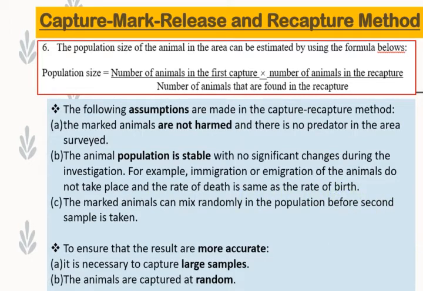C, the marked animals can mix randomly in the population before the second sample is taken. To ensure that the results are more accurate, it is usually necessary to capture large samples and the animals are captured at random.